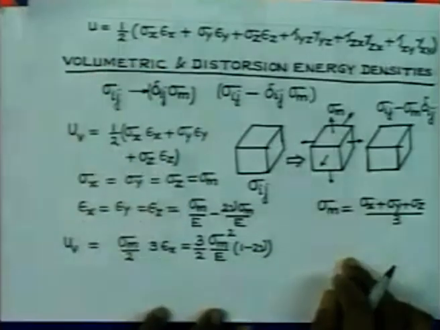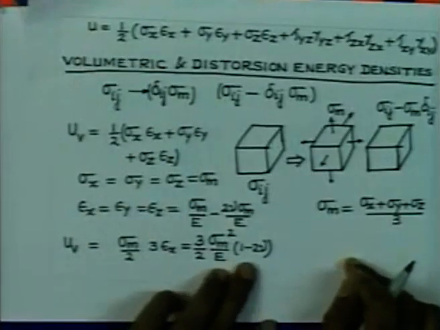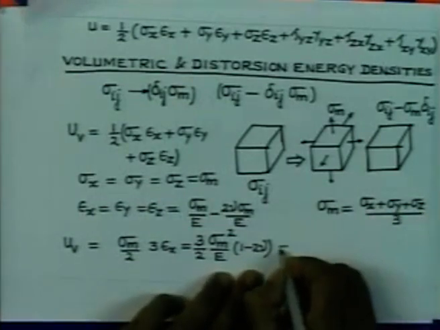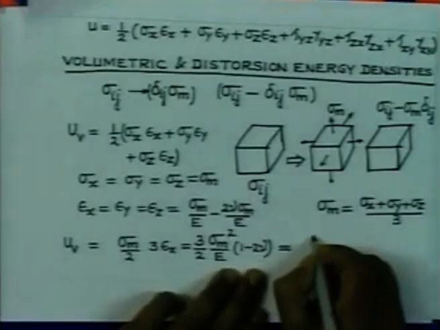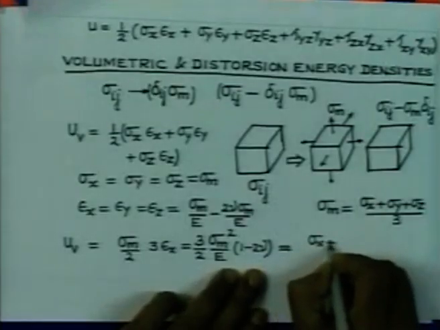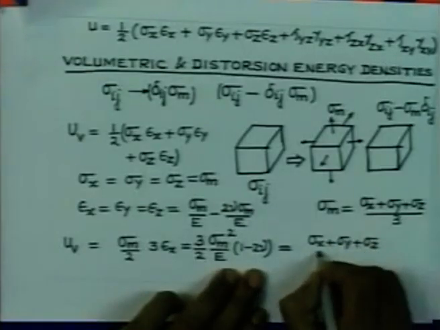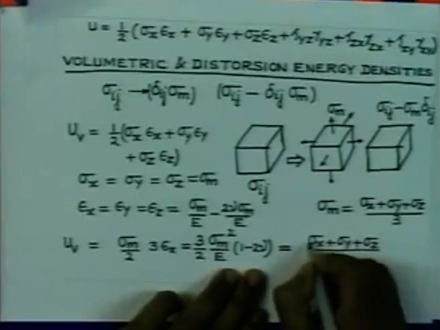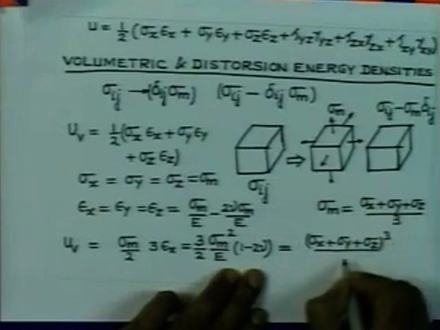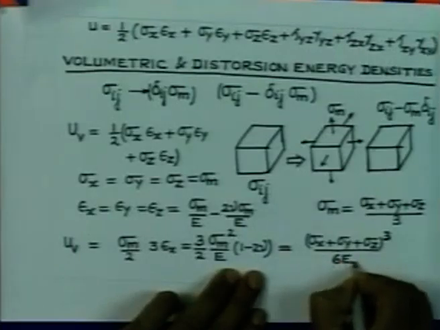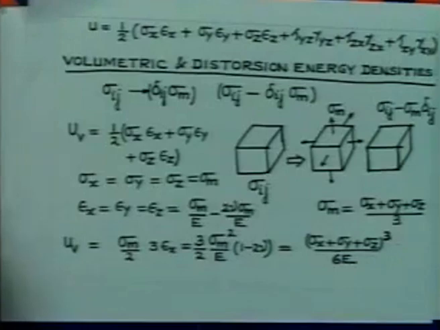So, that is the volumetric strain energy density, and sigma m is given by this, we can write this thing as sigma x plus sigma y plus sigma z whole cube by, it is going to be 6 E. So, that is the volumetric strain energy density.